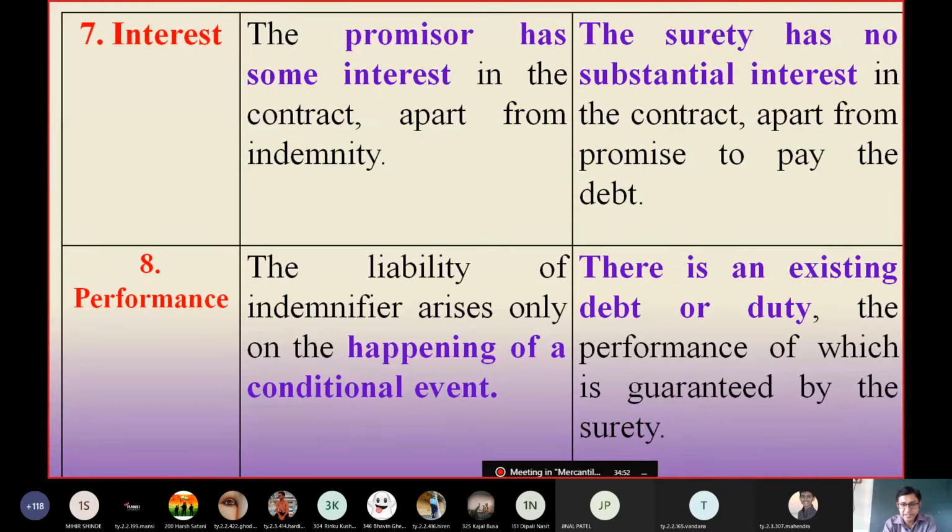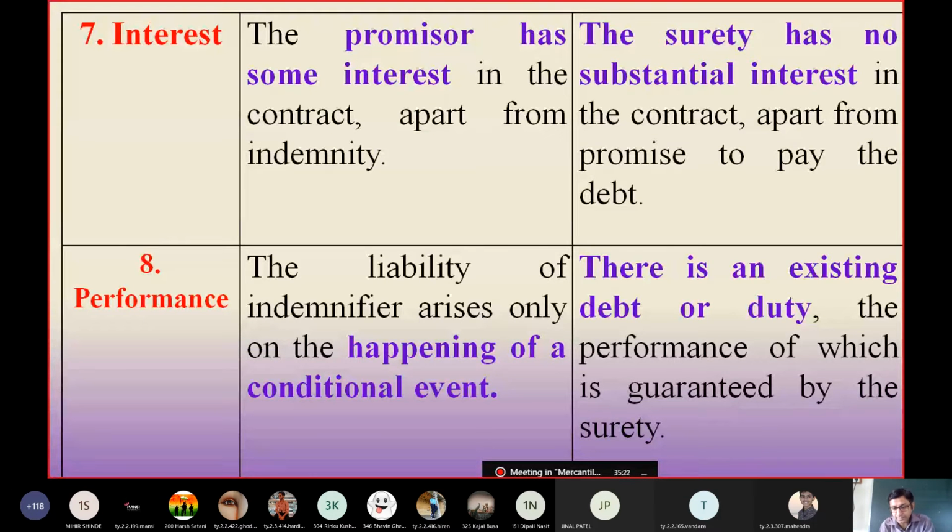But in the case of a guarantee contract, sir, there is an existing debt, an existing duty. Either the debtor is going to repay the debt, or if the debtor does not repay the debt, then the surety is supposed to discharge it. So there is an existing liability. If you have taken a loan, you are supposed to repay the loan.